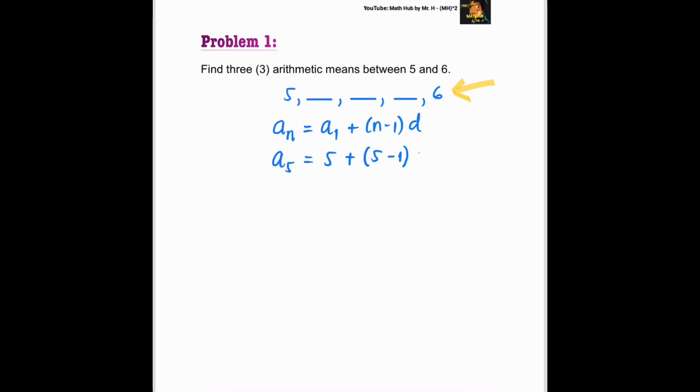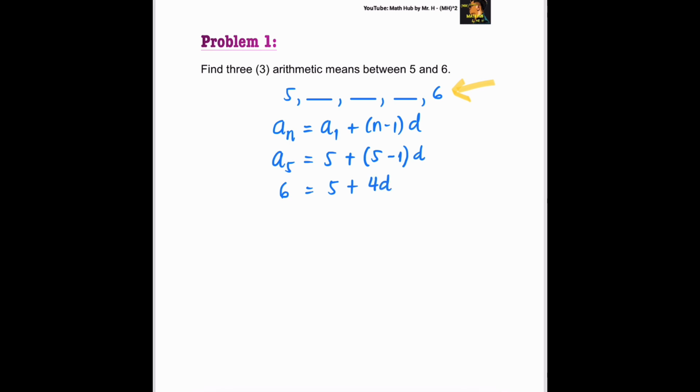And d is the common difference. At this point, we don't have the common difference yet, and that's what we need to solve for. So a sub 5, or the 5th term, is 6, so we replace that by 6. So 5 plus 5 minus 1 is 4. 4 times d is 4d.